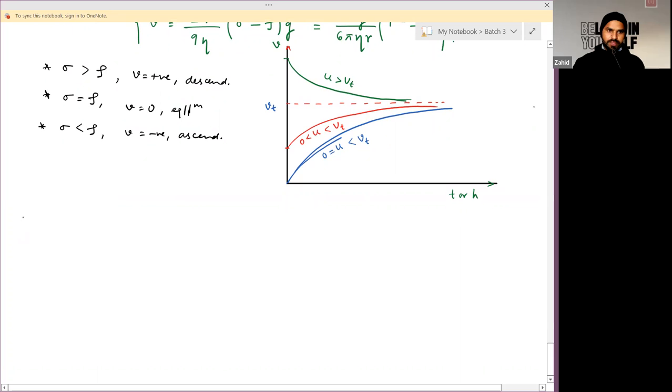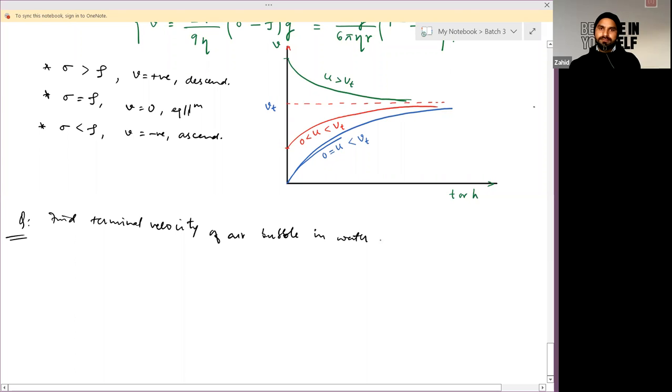Okay. Let me give you a question related to this. Find the terminal velocity of an air bubble in water of radius 3 mm, if eta is 0.05 Pascal second.